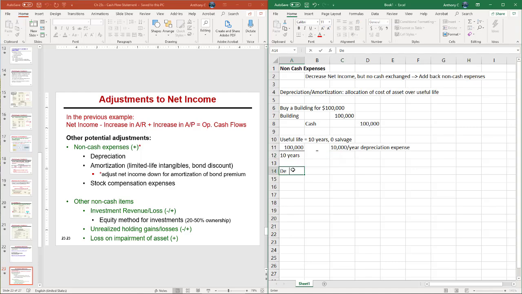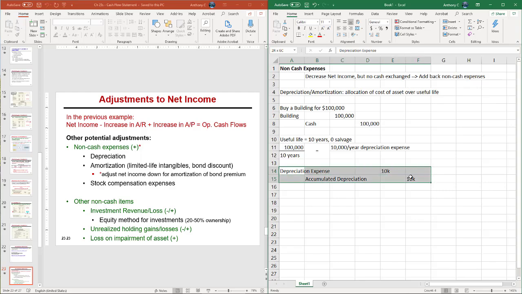All right, so we debit depreciation expense and we credit accumulated depreciation, both for $10,000 every year. So you'll notice here when we're making this journal entry for depreciation expense, no cash has been spent. We spent cash when we bought the building for $100,000, but this would be an investing cash flow.